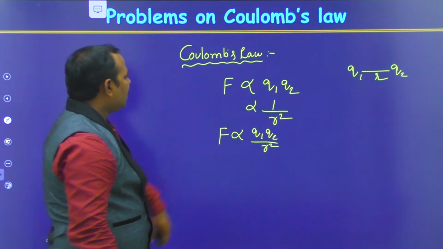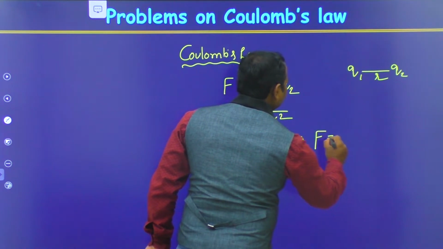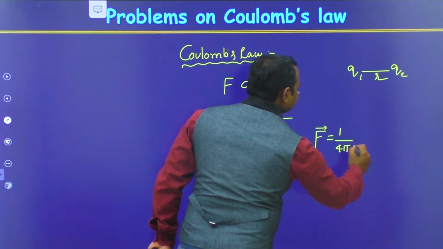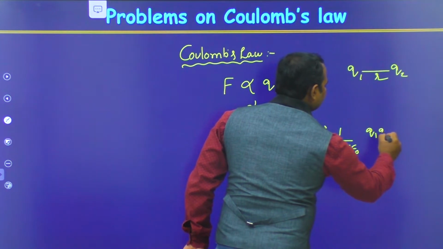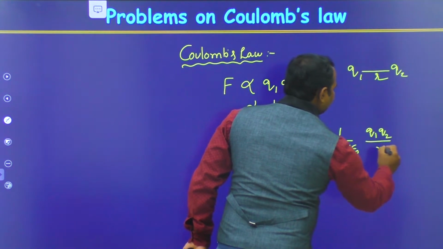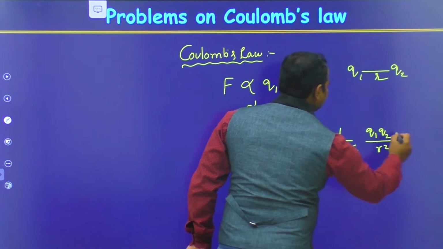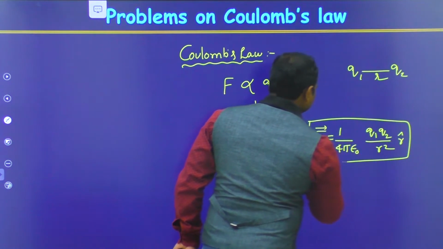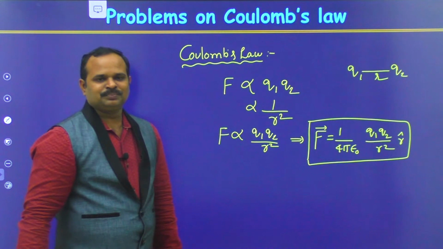If you replace the proportionality constant, we can write F is equal to 1 by 4 pi epsilon naught q1 q2 by r square. The direction of force is, this force is a vector along the line joining the two charges. This is Coulomb's law of force between the two charges.